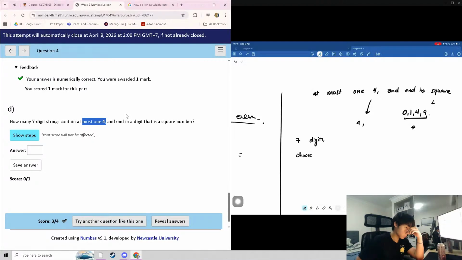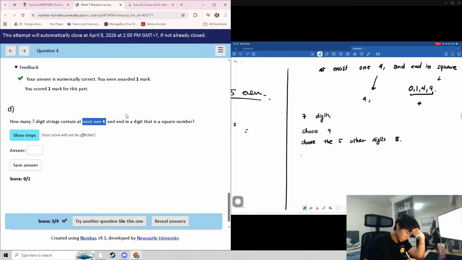Choose 4. Choose the 5 other digits. There are only 8 possibilities. Last digit has to be 3 ways.